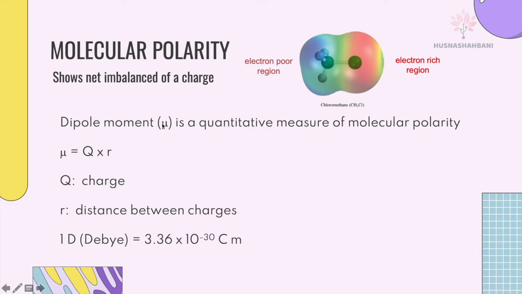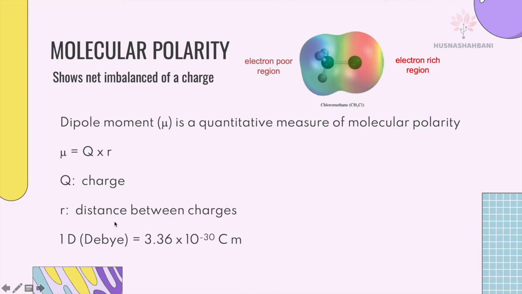Dipole moment, symbol mu, is a quantitative measure of molecular polarity, meaning the net imbalance of charge can be measured by dipole moment. Mu equals Q times R. Q is charge, the unit of Q is coulomb, C. R is the distance between charges, the unit is meter.